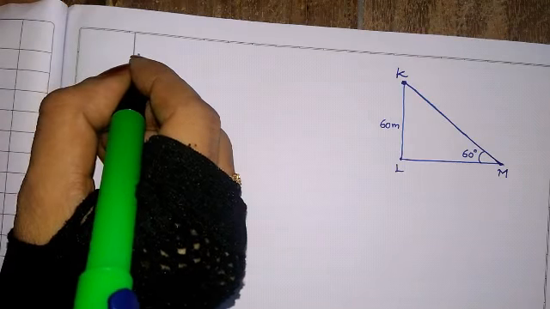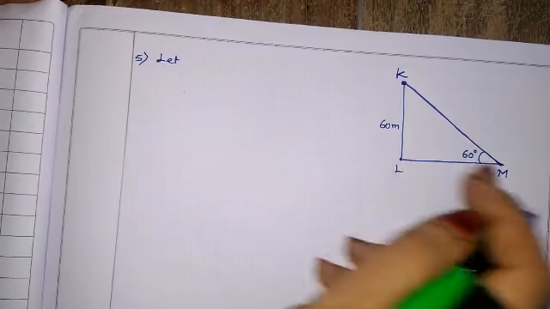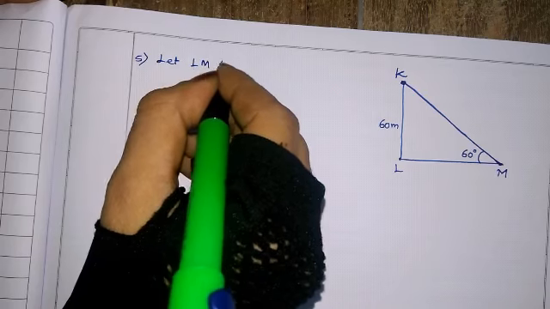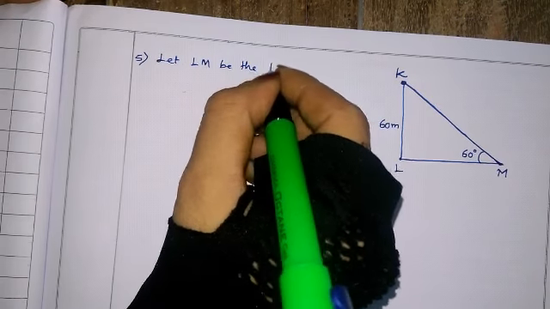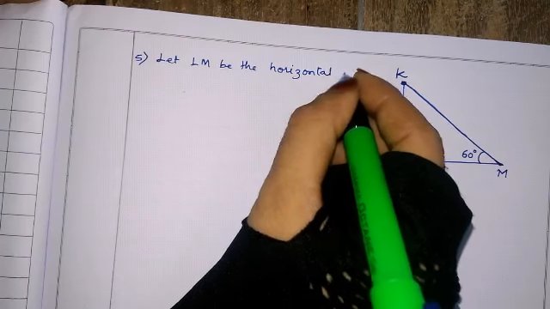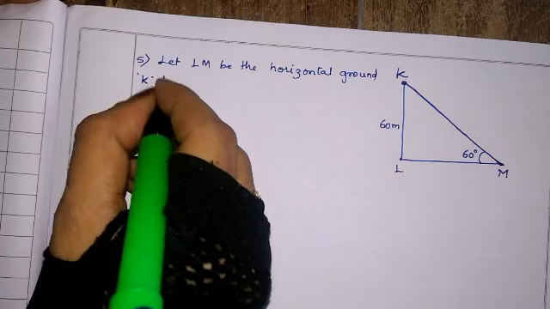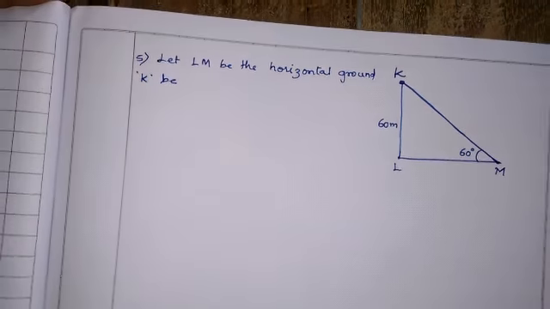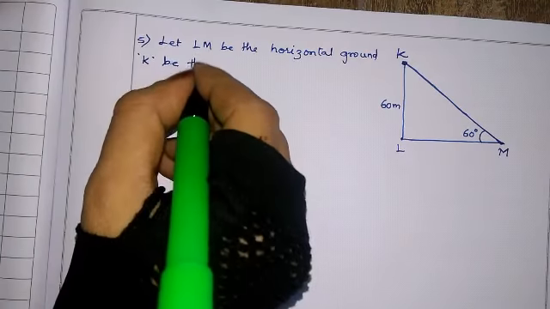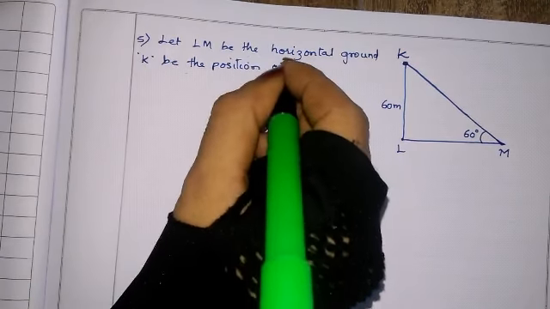Problem number 5. Let LM be the horizontal ground and K be the position of the kite.